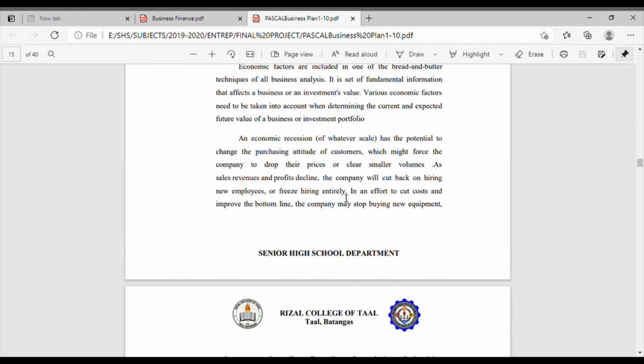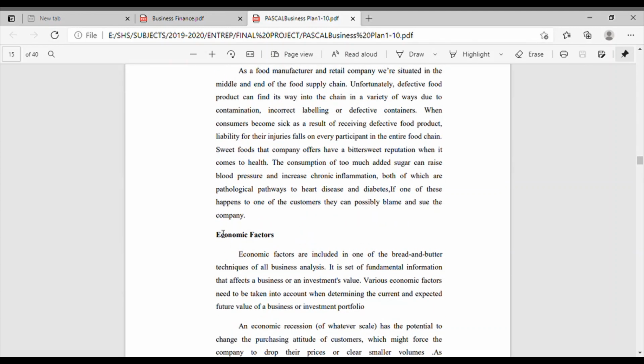Kaya, yung economic situation maaaring makaapekto din sa performance ng kanilang business. Kasi pagka may economic instability sa country na nararanasan ng consumer, makakaapekto yun sa purchasing power nila, makakaapekto yun sa generation ng profit ng company. Yun yung ibig sabihin nila dito sa economic factor.